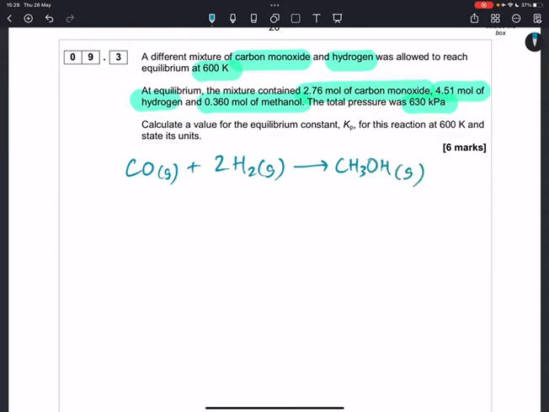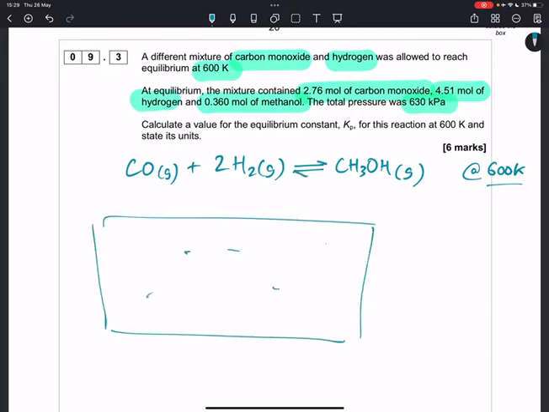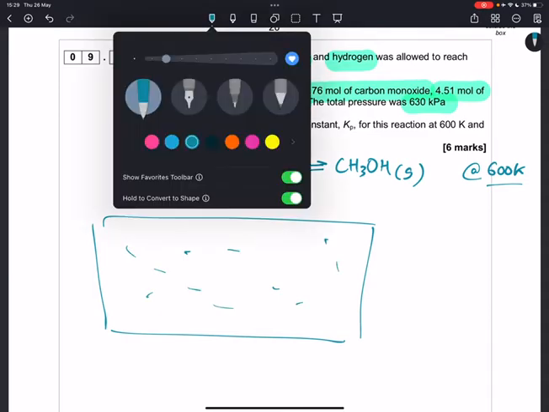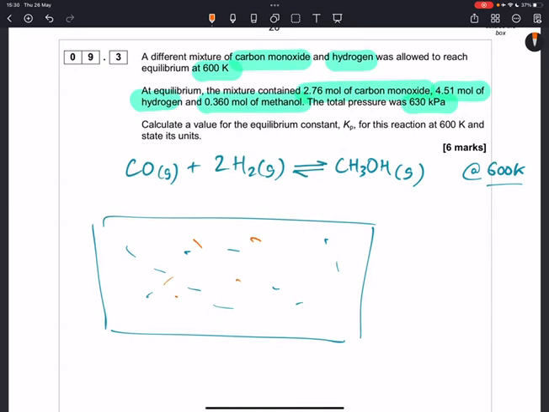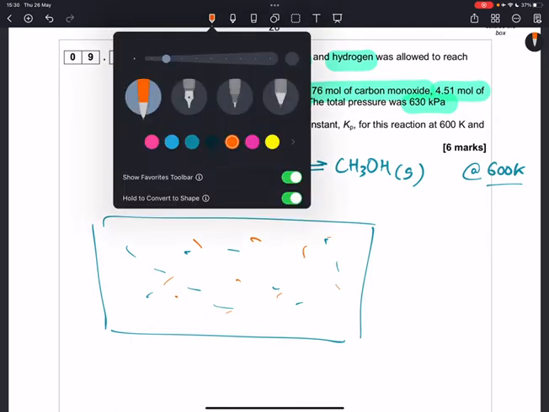at 600 Kelvin. The whole idea about partial pressures is that once it's in equilibrium, so let's draw it as a reversible reaction, we have basically a container where the carbon monoxide is spread out, and so is the hydrogen, and so is the methanol.